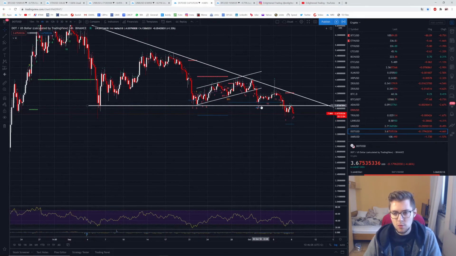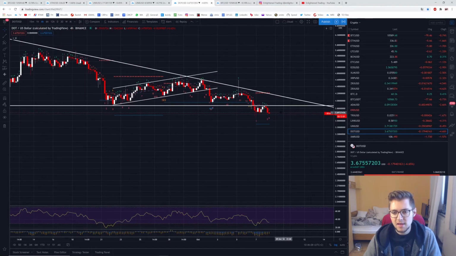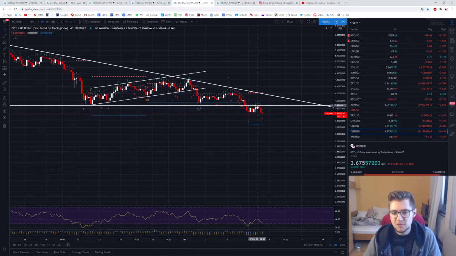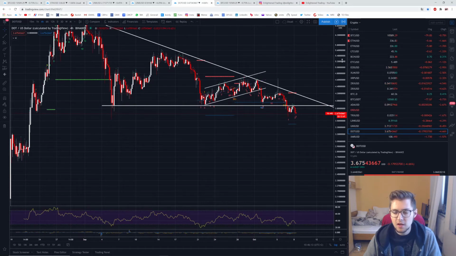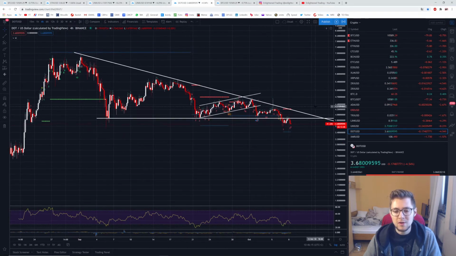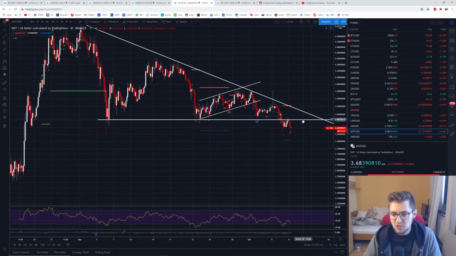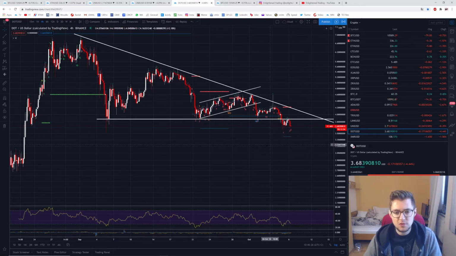As you can see, we clearly broke support and then actually retested resistance after we retested the past support, which now is resistance, which is at 3.87 to $3.88 here for Polkadot USD.